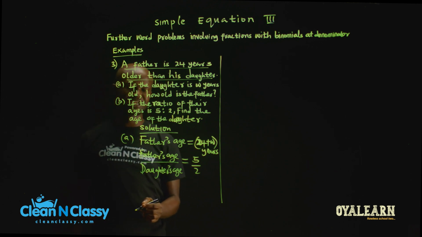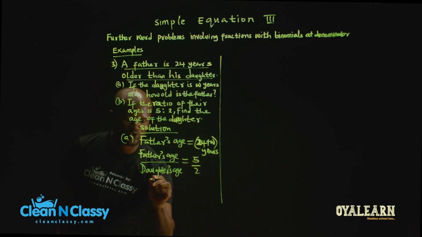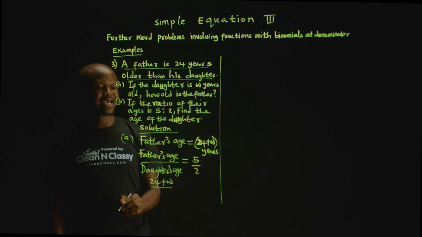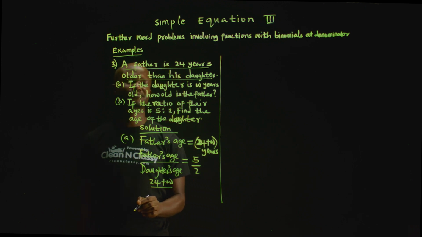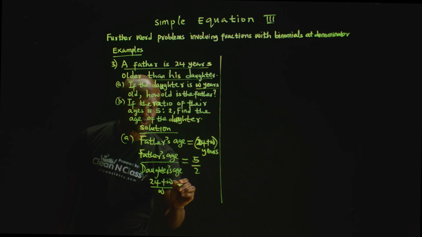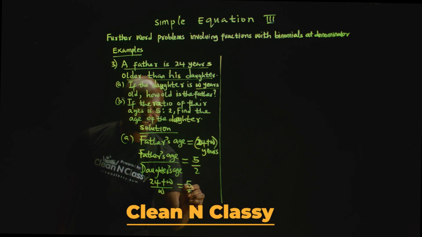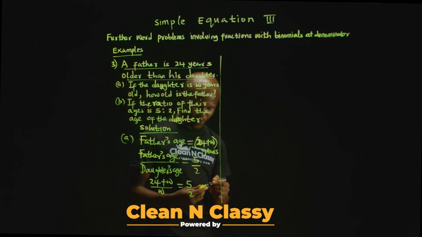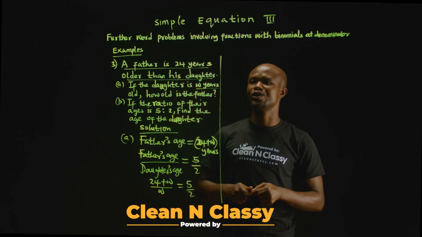So what is the age of the father? That's 24 plus W. What is the age of the daughter? That is W years. Equals 5 divided by 2.